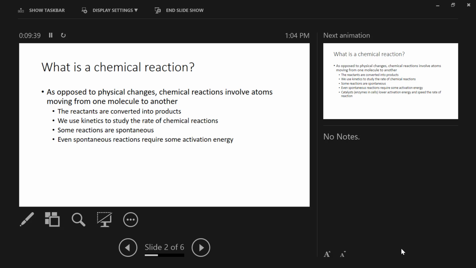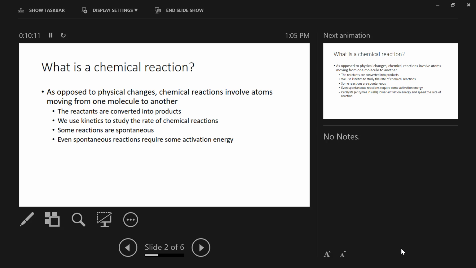Go ahead and draw this graph for me. On this graph, we have energy on the y-axis and time on the x-axis. As you move away from the origin, which is here, energy increases. As you move away from the origin here, time increases. Now, looking at a chemical reaction, at the very beginning, what are we going to have?